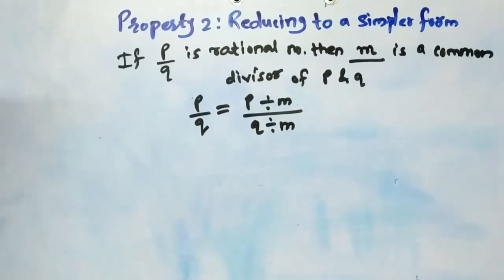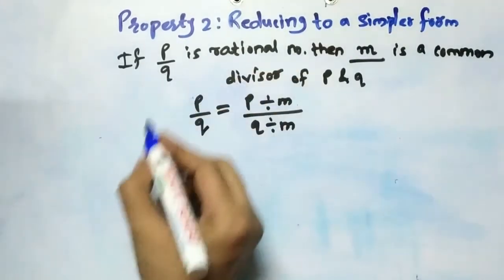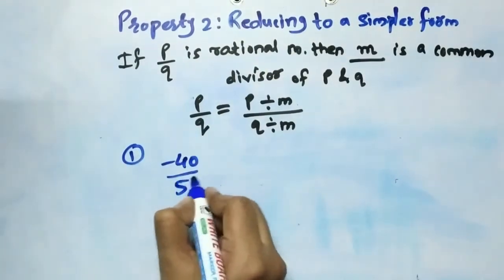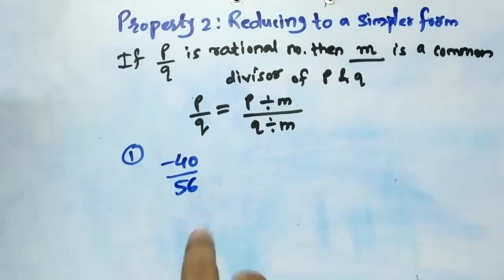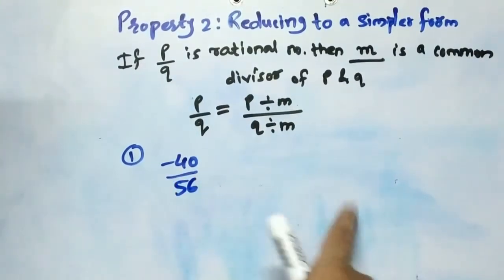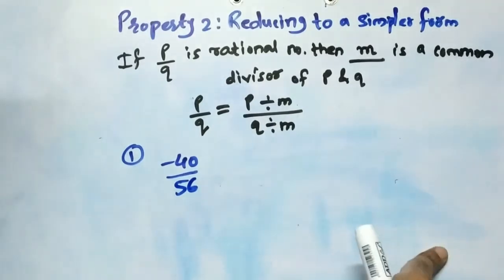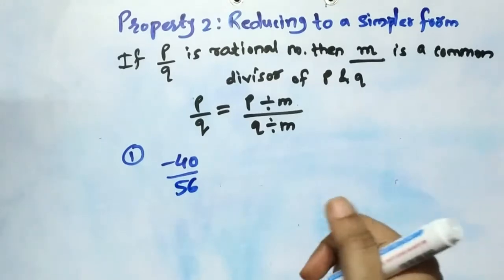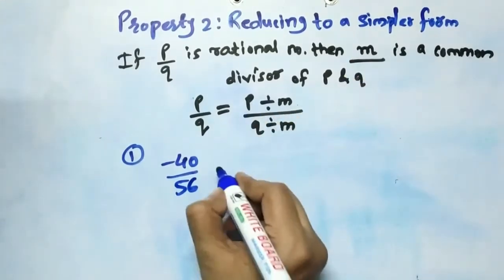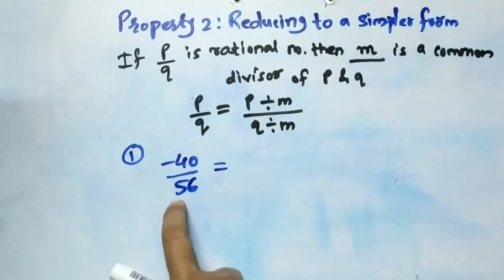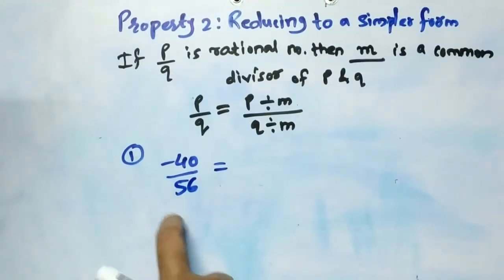For example, we are having one problem, that is minus 40 upon 56. It is one of the rational numbers, and we want to express this rational number in the reduced form. So friends, how to reduce it? First of all, let me think that the common divisor of this 40 and this 56 is 8.